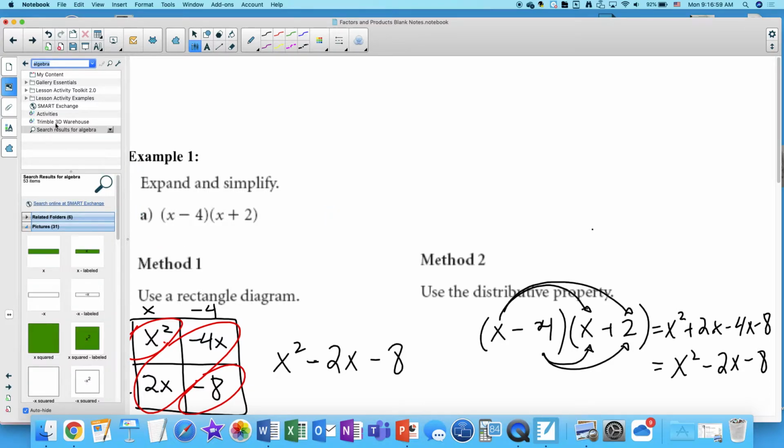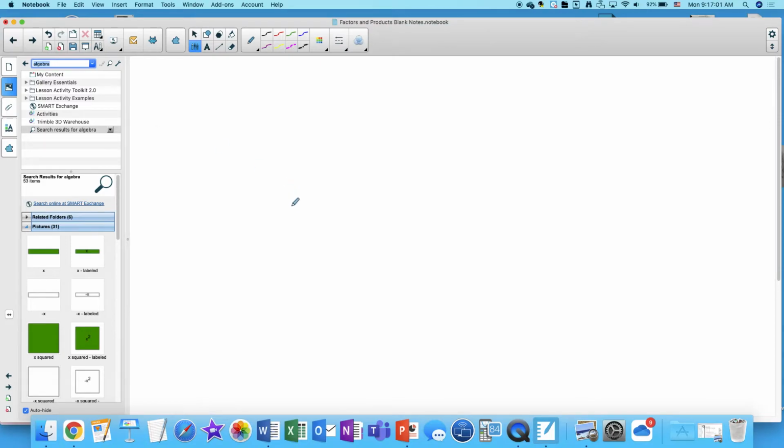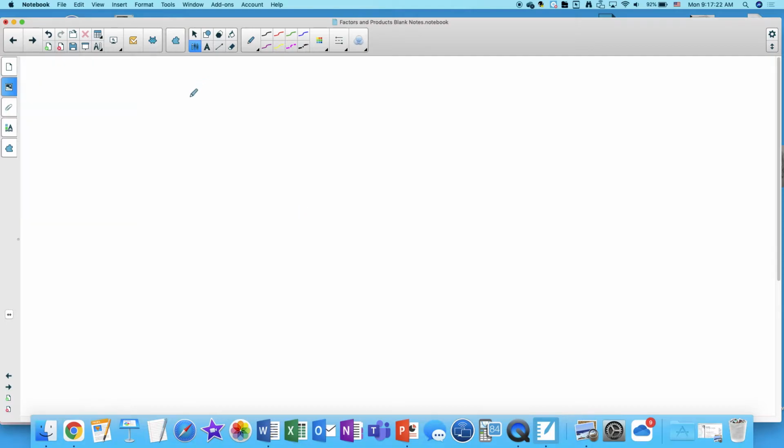So if you ever want to play around with these, and we may actually do an activity when we go in the opposite direction, when we factor, where we play around with these things. But essentially what we're doing is we're taking x minus 4 times x plus 2, or maybe it was the reverse. Okay, so what I'm going to do is take one side that's x minus 4.